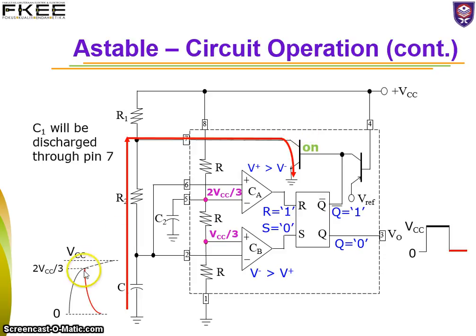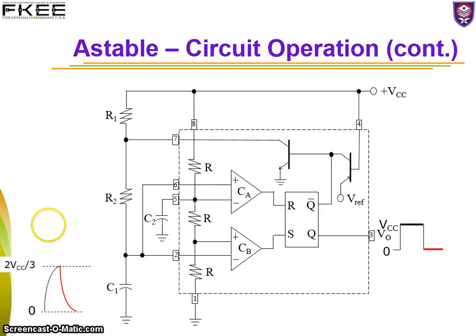So you will see that this capacitor will be discharging its value, and the path is through R2 to the ground, so your time constant tau will be R2 multiplied with C1.